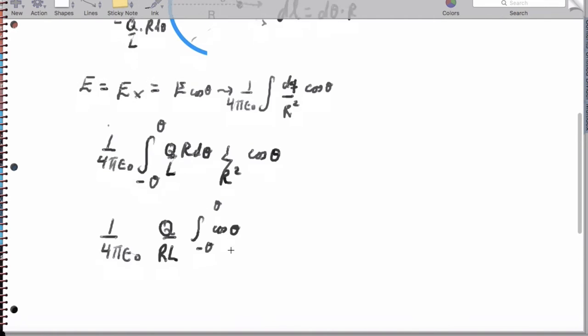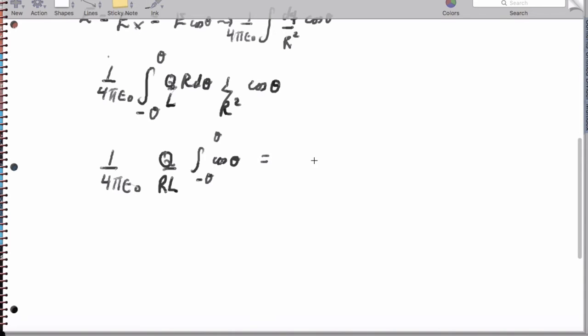When we integrate this out, we get 1 over 4 pi epsilon naught q over r L times the sine of theta, integrated from negative theta to theta.